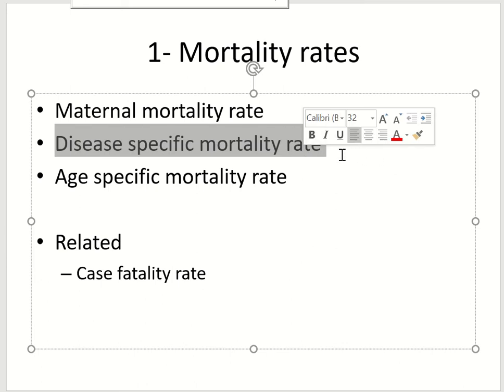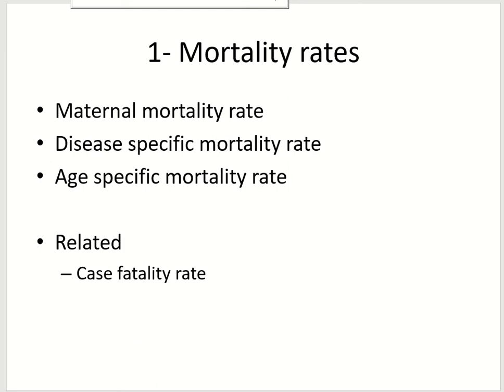You pick a certain disease and you try to measure what proportion of people die from that disease. If you remember the previous lecture, I showed you that the leading cause of death currently is heart disease, whereas in the past, maybe 100 or 150 years ago, it was something else. Also, we can talk about the age-specific mortality rates. We're going to come to all of this. Let's start one by one.